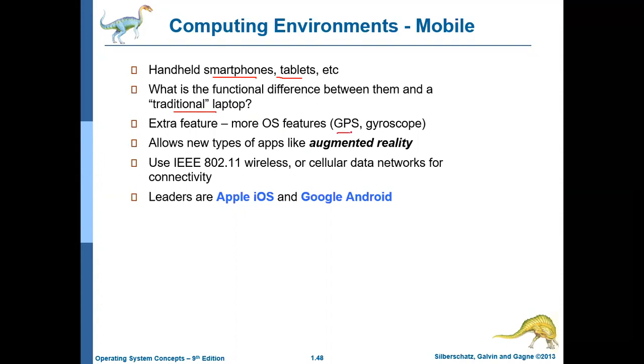Say it has a GPS, global positioning system. It has a chip or a sensor for positioning, by which the server can identify where you are currently located, and it can help guide you through different locations.